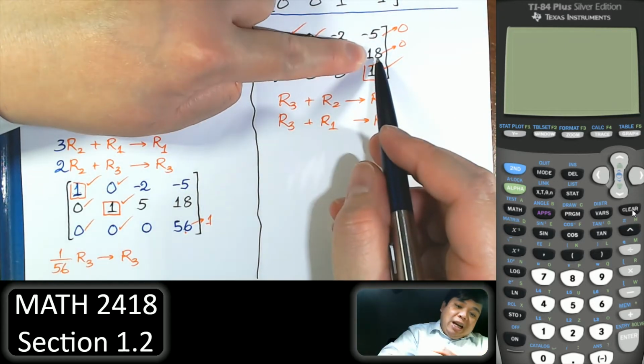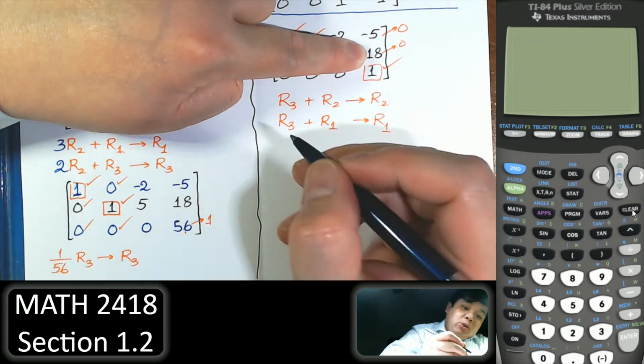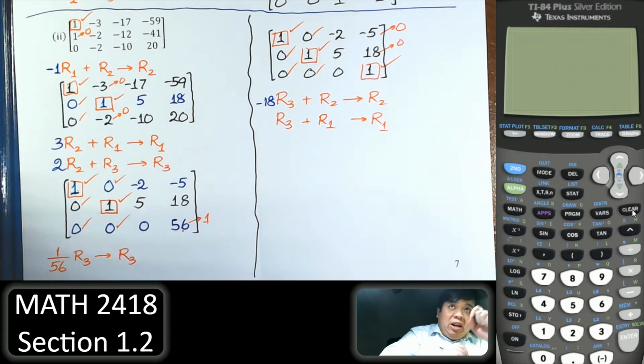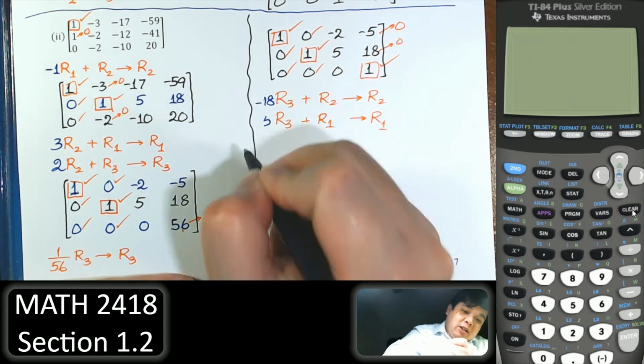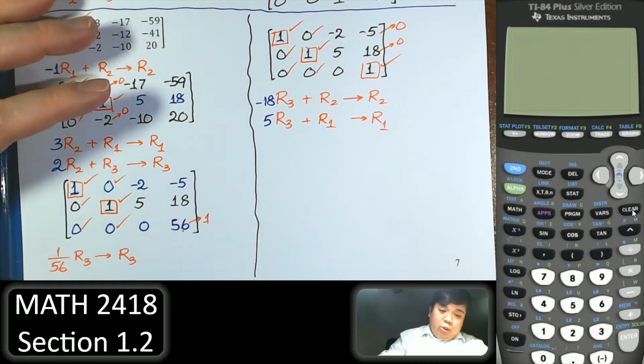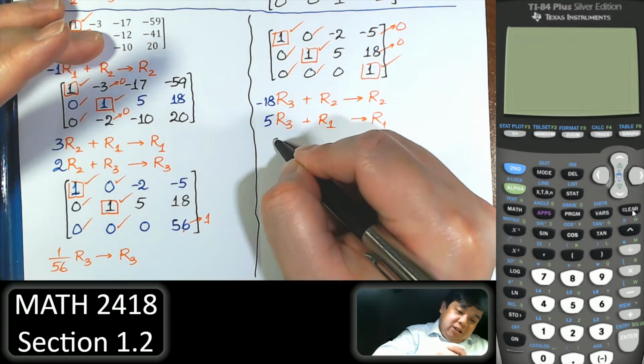To eliminate 18, we use the opposite of that. To eliminate -5, we use the opposite of that. After these two, we should have the answer.